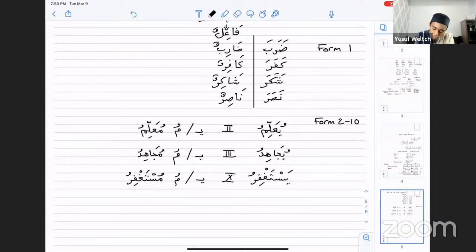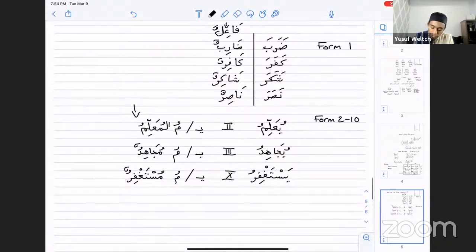Okay. And then the last thing you do is just change the final letter to a tanween. Because nouns have to either have an alif lam or a tanween, in most cases, there are some small exceptions. So either you can say al-mu'allimu, the teacher, or you say mu'allimun, a teacher.